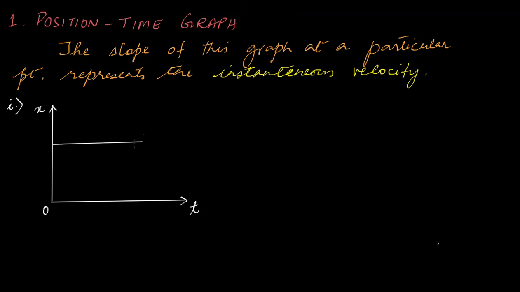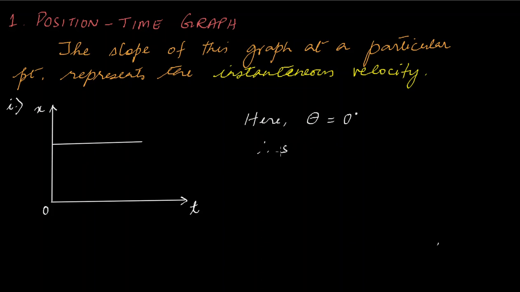Now, what is the slope basically? The slope is nothing but the tangent of the angle that the graph makes with the x-axis. Now if you look at this line, it is parallel to the x-axis. So what angle does this line make with the x-axis? Here the angle theta is 0 degrees.